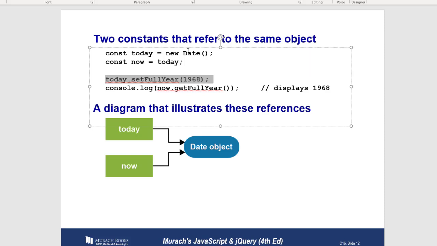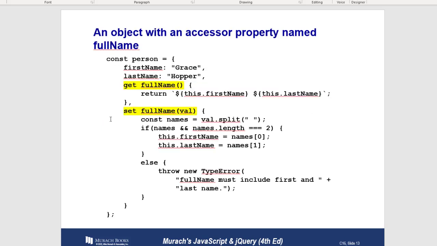But if later on I say today.setFullYear to 1968 and then print out now's full year instead of today's, they'll both print out 1968 because they're referring to the same object. Okay, so remember there is a difference between the object itself and the address of the object. And what's actually being held here is the address.